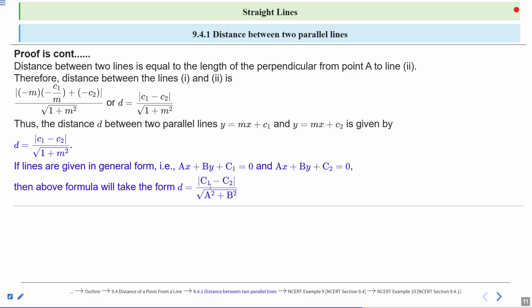So if we have two parallel lines in the form ax plus by plus c1 equal to 0 and ax plus by plus c2 equal to 0, then the distance between these two parallel lines is small d equal to modulus of c1 minus c2 divided over square root of a square plus b square. So write down this formula. This formula is a very important formula. So we will use this formula to solve this question.